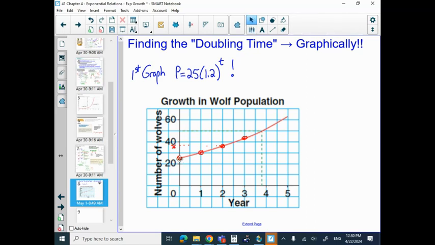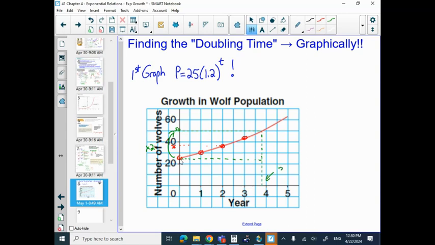If you look at the graph and say, okay, we started with a population of 25, when do we get to double it? Just to connect the two examples together idea-wise, you could do that in this case. You could say, okay, how long does it take to double? And so you're like, okay, we went from 25 to 50 in approximately what?